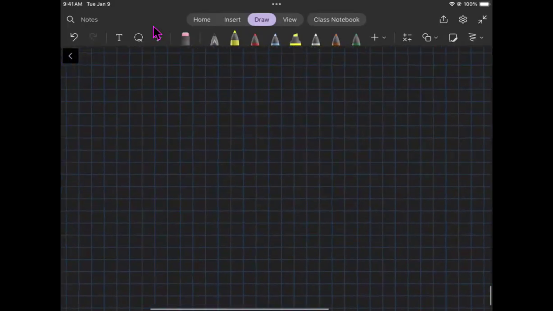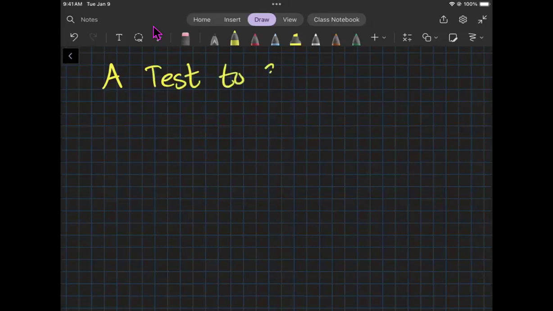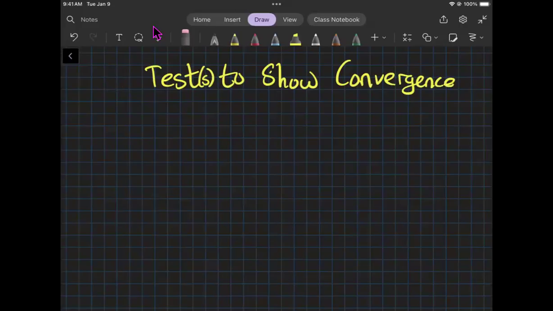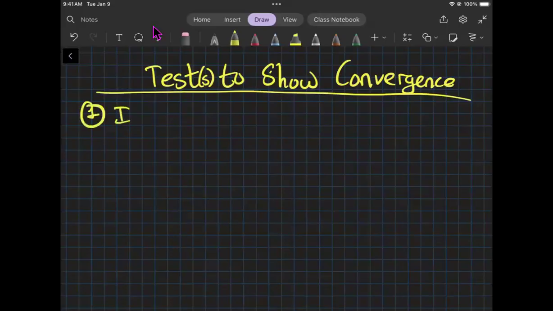What I'm going to talk about next is how we can test for convergence, or I should say tests to show convergence. One of them is the nth term test, or they say the test for divergence.